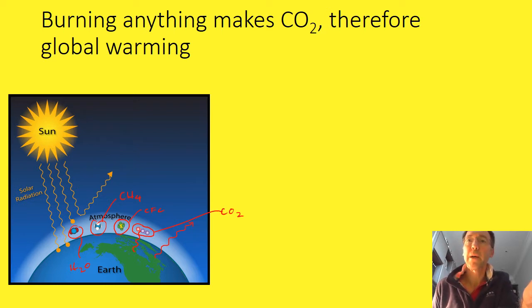And so that radiation gets sent back to the planet because that's what hot objects do. Okay, so that's the basics of global warming, and fossil fuels are going to make carbon dioxide when you burn them, and that's what you need to know. Hope that's been clear.